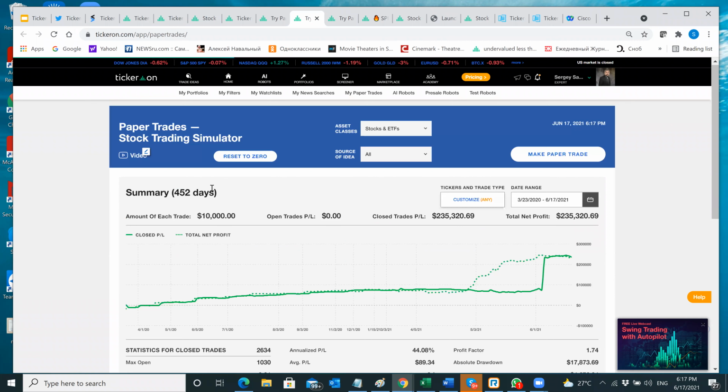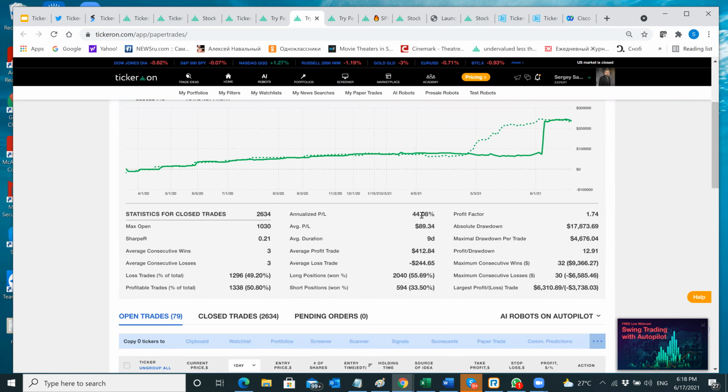So I've been doing this for like 452 days since we started paper trading. Then I made, you see, annualized P&L is 44%. You see, I'm really a swing trader like you. It's 9 days. It's actually not a bad ratio of average profit and average loss, okay? It's pretty good.